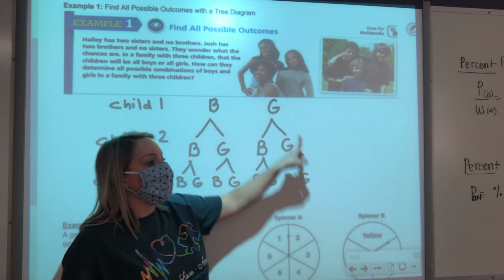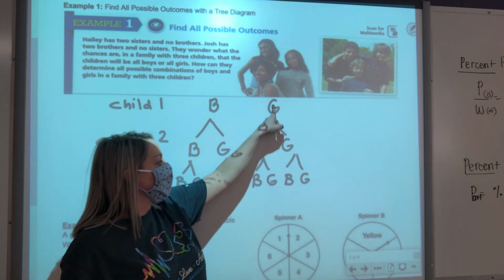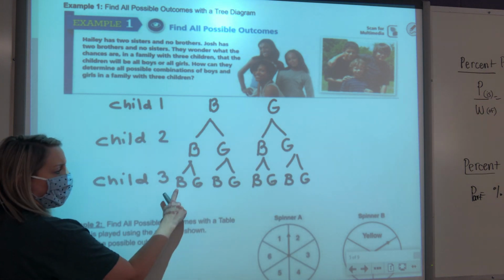And then if we have a girl first, we go girl, boy, boy, girl, boy, girl, girl, girl, boy, or girl, girl, girl.